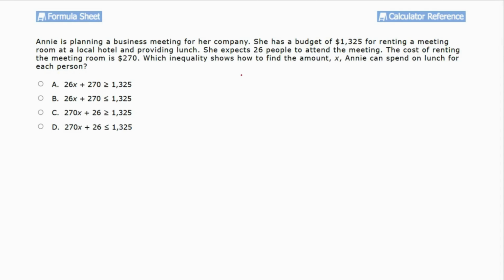So the total budget is going to be $1,325, in which she has to give $270 as rent. So this is the total, and $270 is the rent.